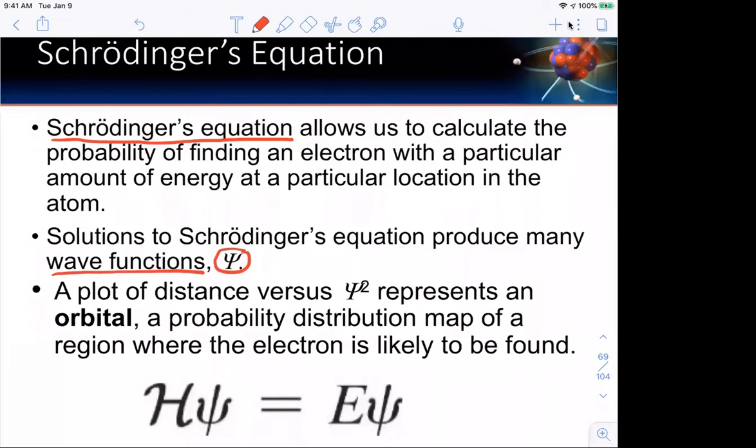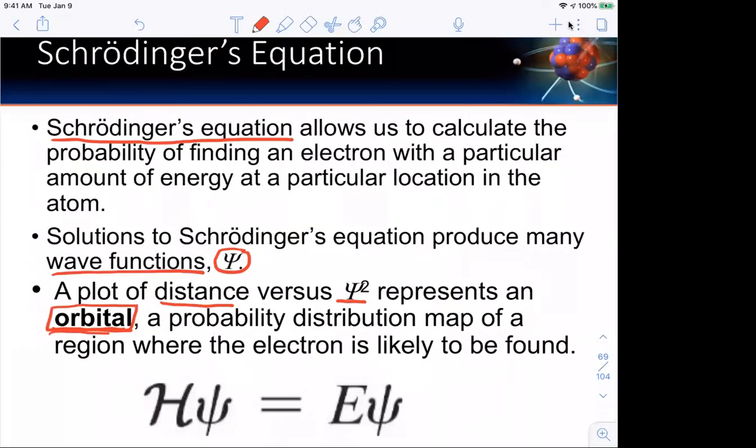Now, if I do a plot of distance versus psi squared, what I get is a representation of an orbital. Now, this is not the orbit from Bohr where I'm circulating around the nucleus like the planets are around the sun.